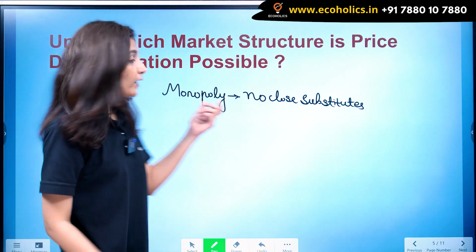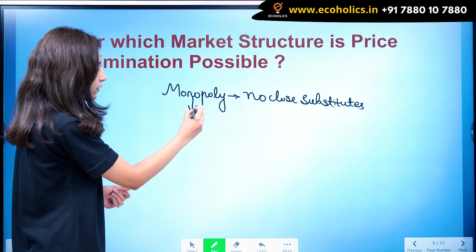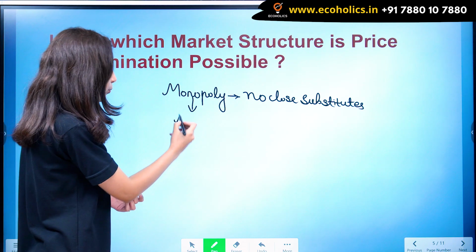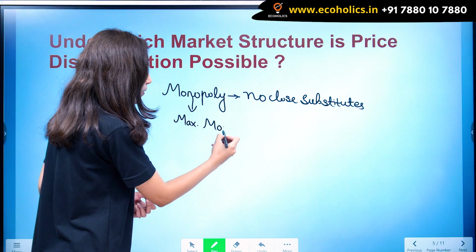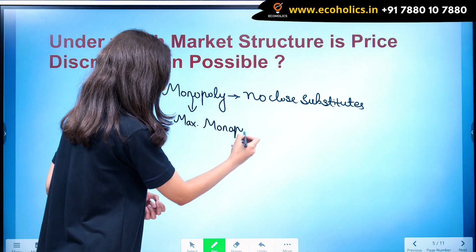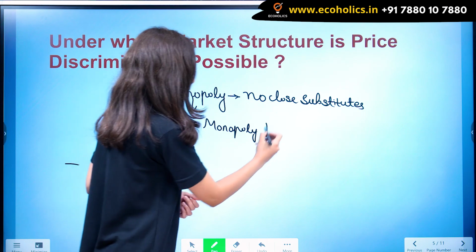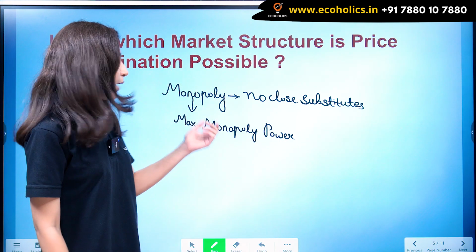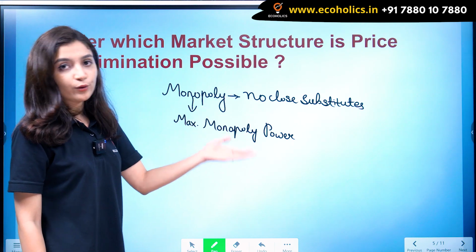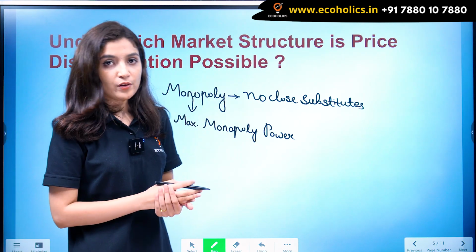And here the monopolist has maximum monopoly power. Because he has maximum monopoly power, therefore, price discrimination is possible.